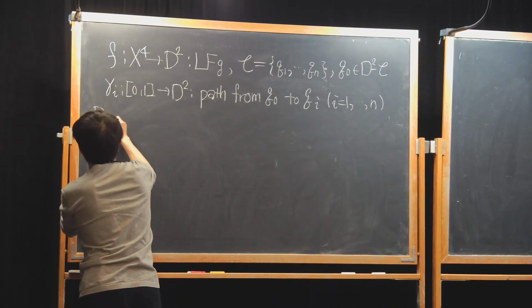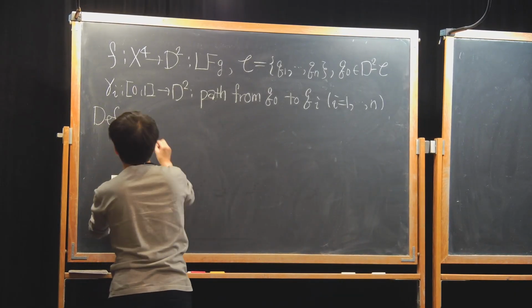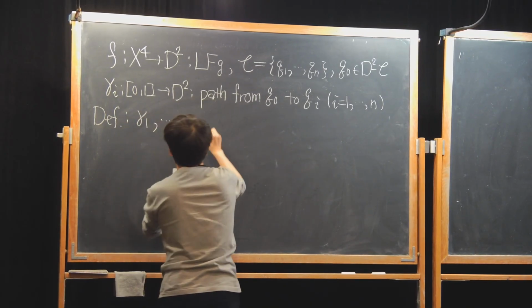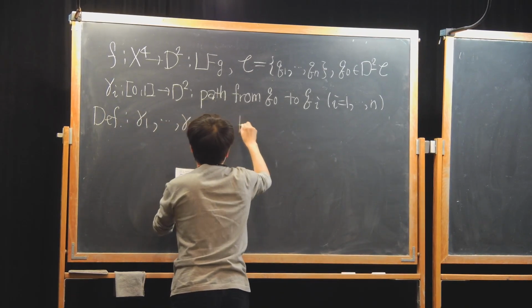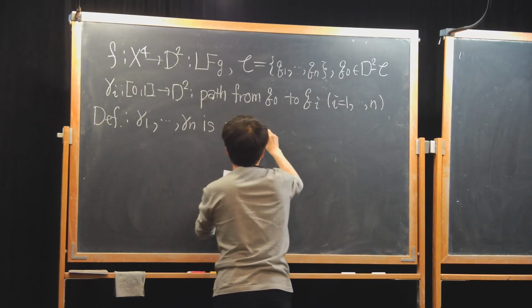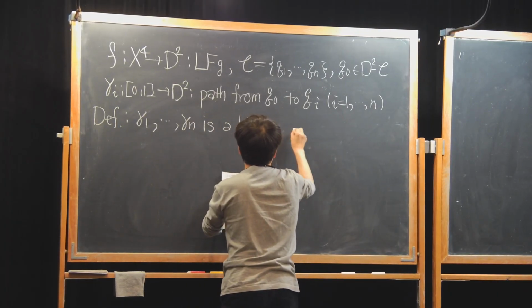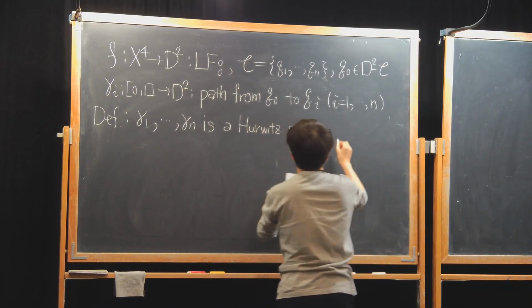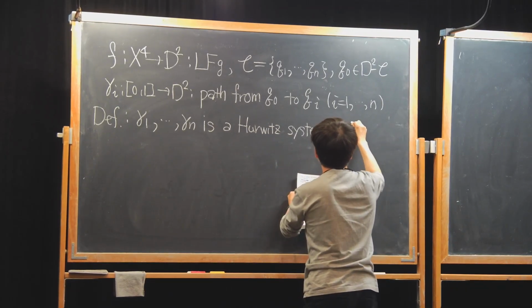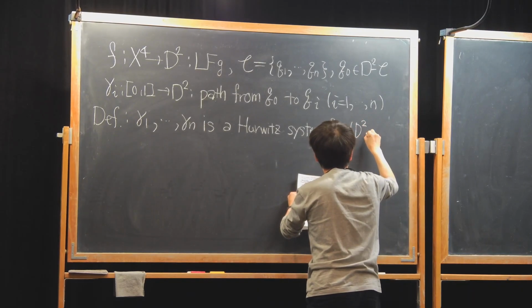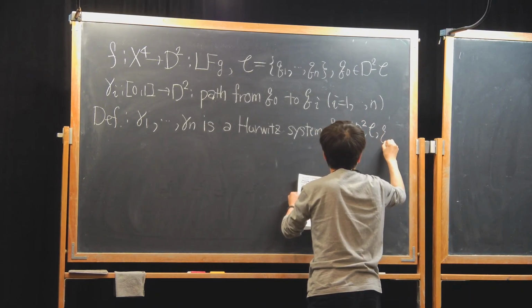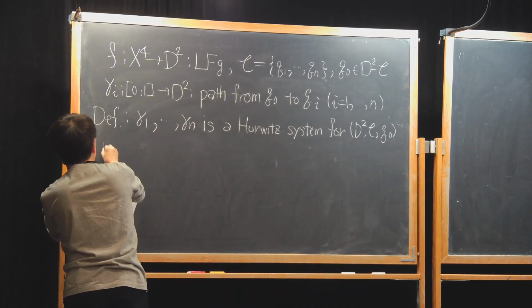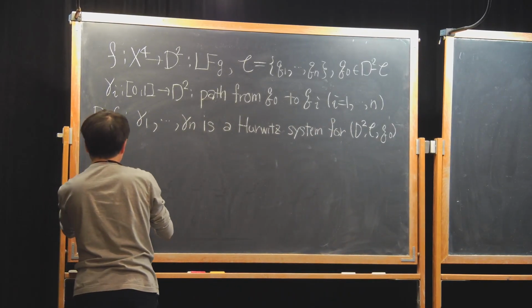So, definition: gamma 1 to gamma n is called a Hurwitz system for the triple D2, C, and Q0 if it satisfies the following three conditions.